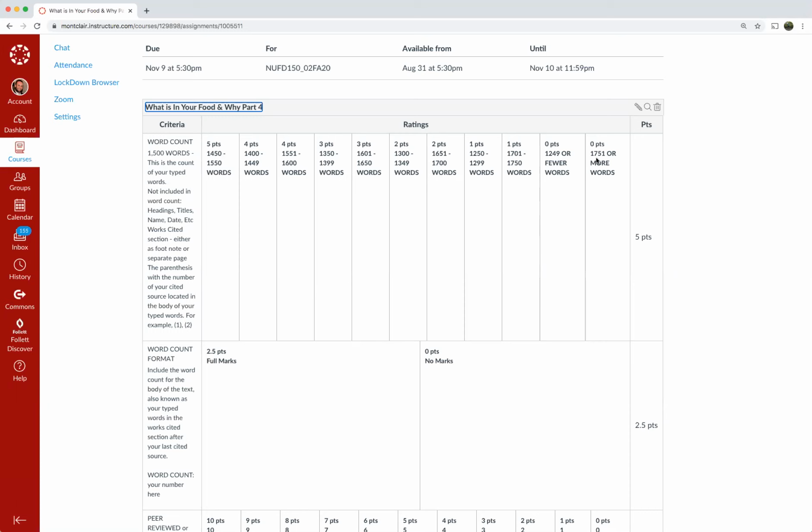If you're at 1751 or more, then you'll also get 0 points, which might be crazy to see. It might be the first time ever in your college career or academic career overall where you are penalized for writing more. The assignment is 1,500 words.